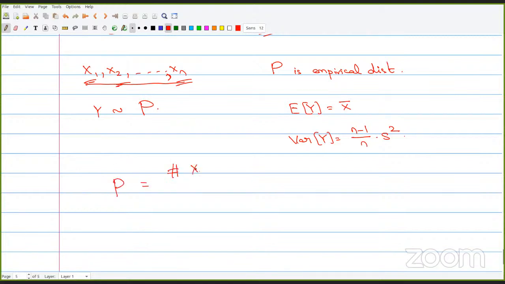Then, let y be a random variable with distribution P, and we were asked to show this. Yeah, this is one of the questions from the reference book. It was going above my head.